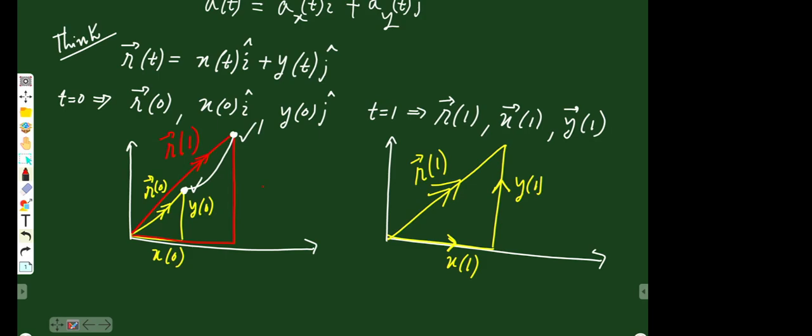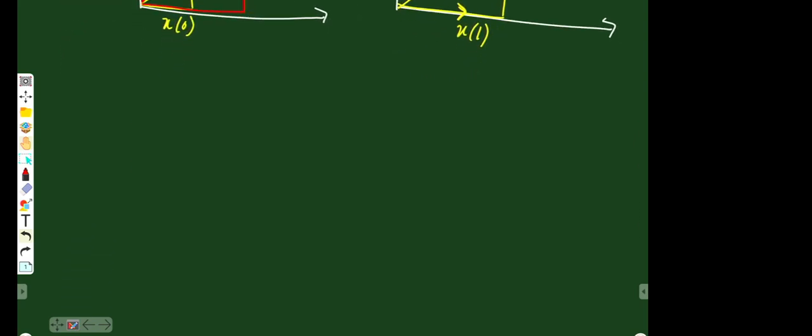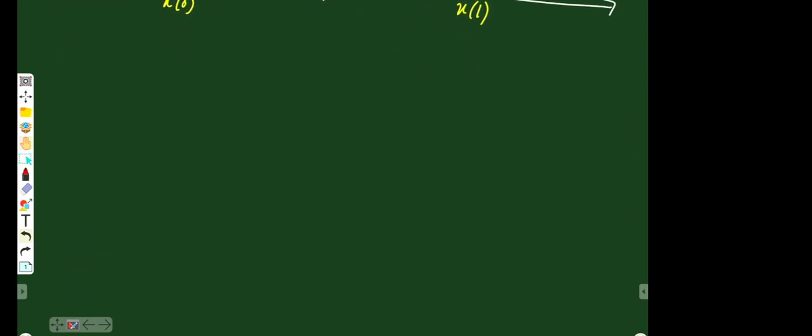So that line is the trajectory. That line is the trajectory. Okay. So yeah, that's all about that bit, right? Any questions? No questions.